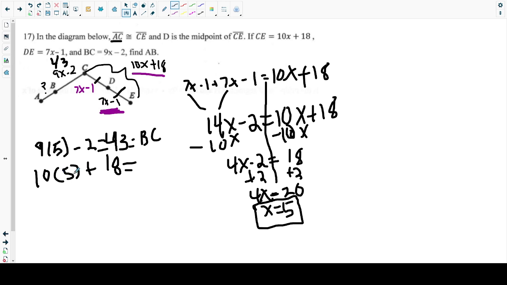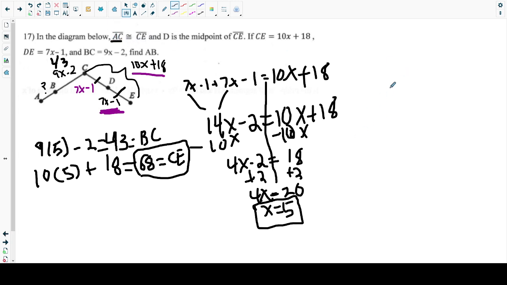So that would be 50 plus 18, which would give me 68, which is how big CE is. So I know that this entire length from C to E is 68. Great. And now I also know that the entire length from C to A is also 68 because, again, the two things are congruent, as it says up here.